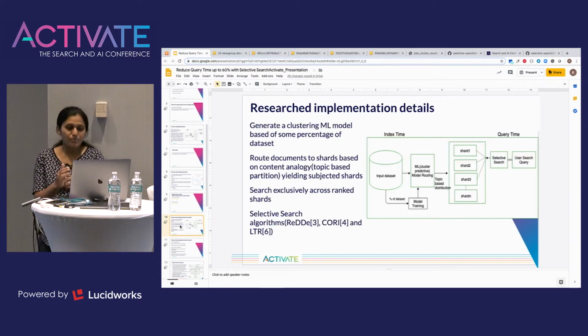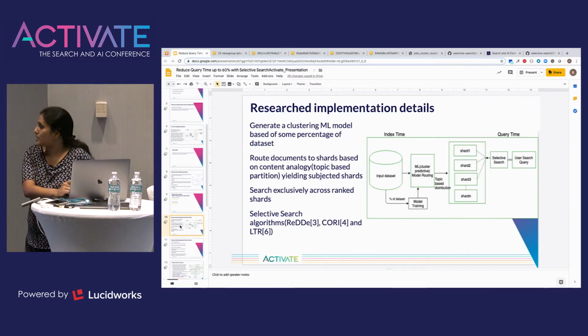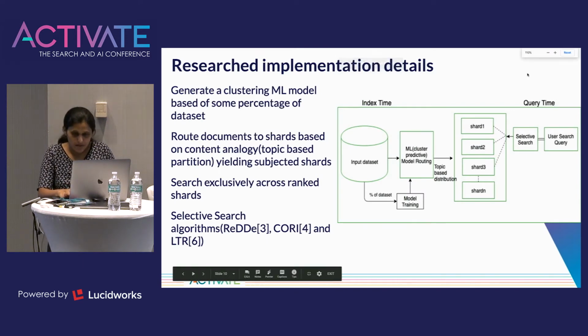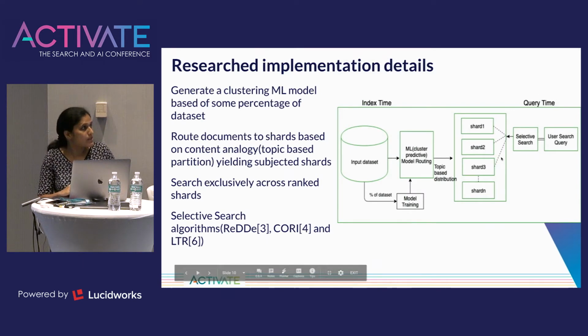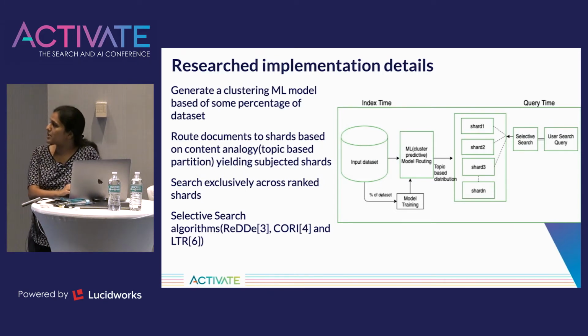Okay, so digging into detail on the research implementation. Let me put it in present mode. Is it visible? Okay, so the difference between the current implementation and the research implementation is this. What I'm trying to do here is build a cluster model using some percentage of the data set.